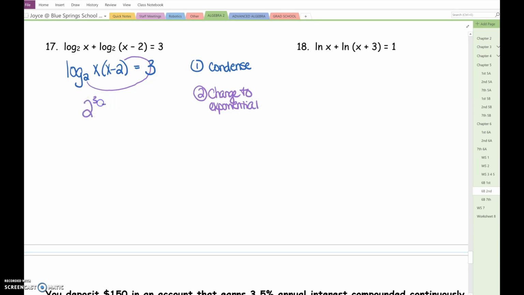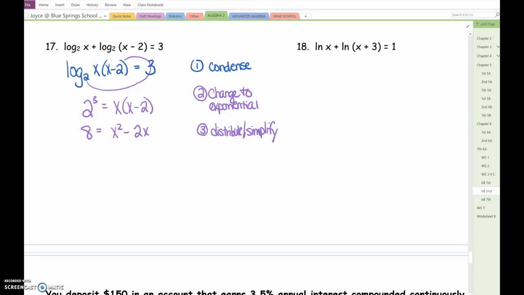Two to the 3rd equals x times x minus 2. And then we're going to distribute, simplify, do whatever needs to be done. 2 to the 3rd is 8, and x squared minus 2x.